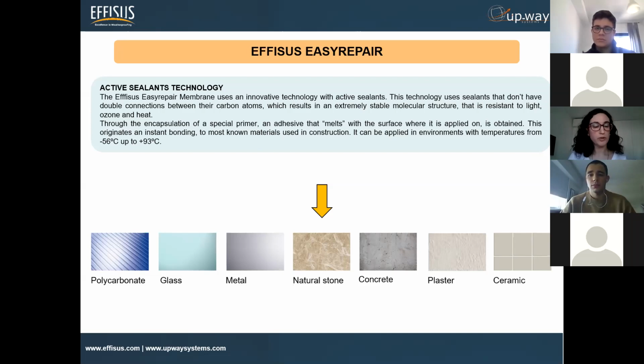So when you apply it, these carbon atoms inside start to glue all the membrane with the material. It's like a melt. If you see the page before, you see the whole seal is completely fixed with the substrate.